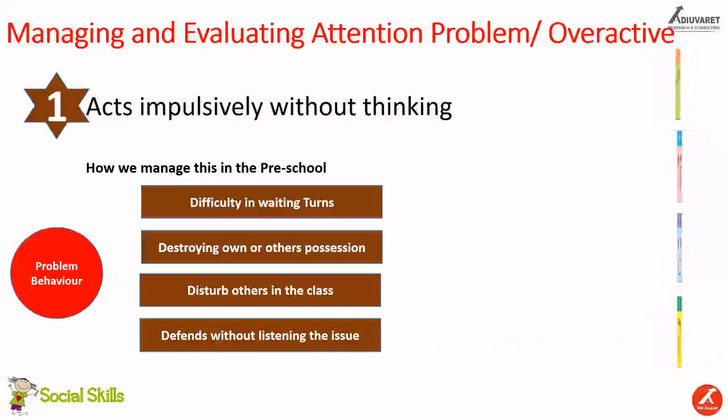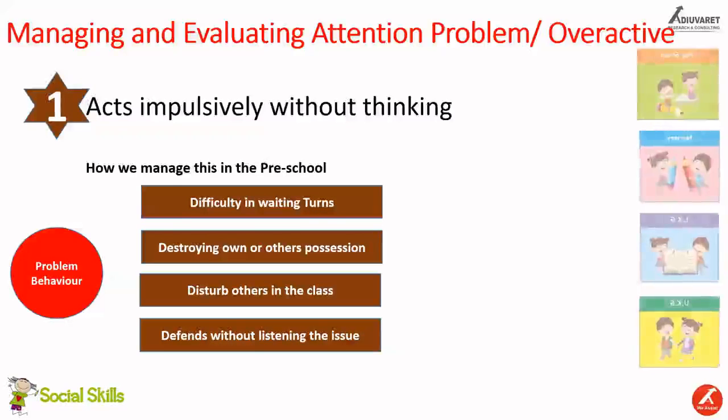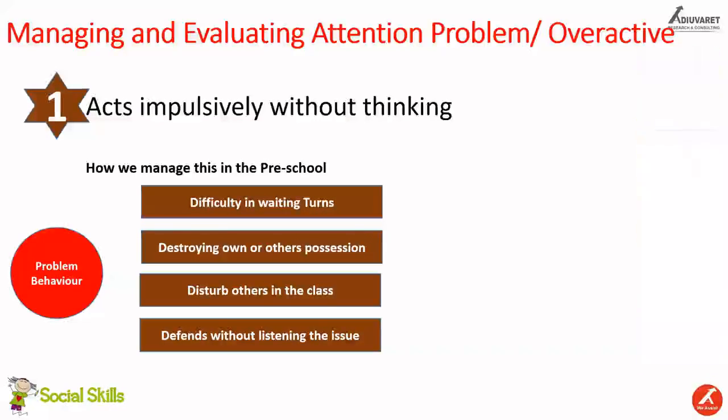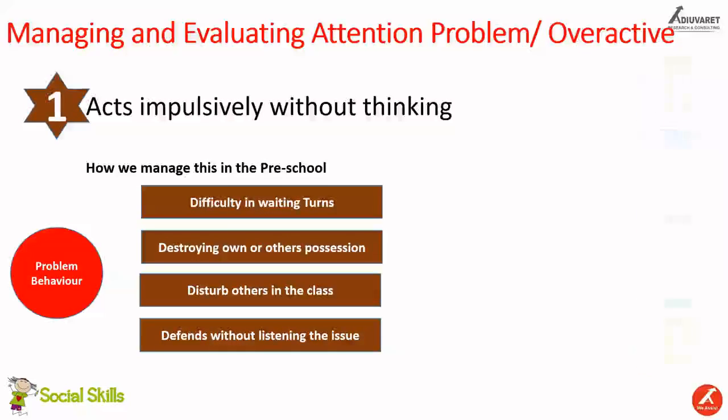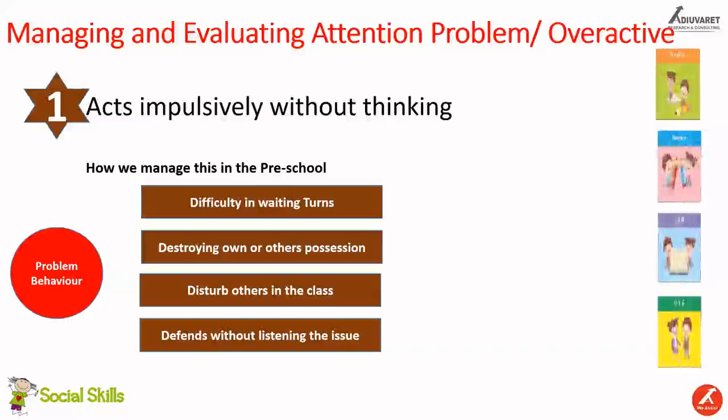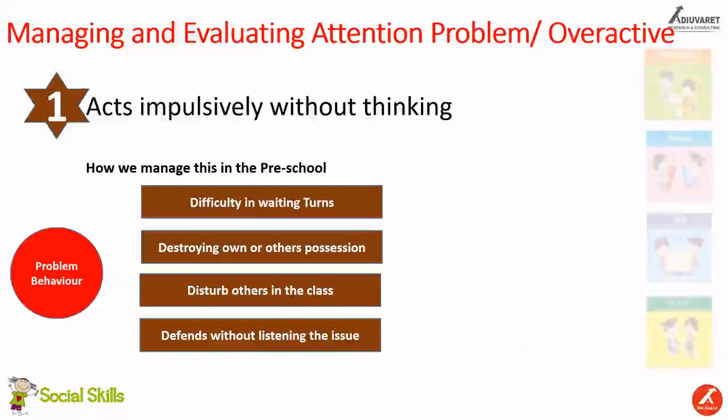If such action is not supported by the parents, then it backfires. All the attention, all the precautions that are taken in the class or in the school, if not complemented at home, will go futile and will not make changes in the child's behavior.